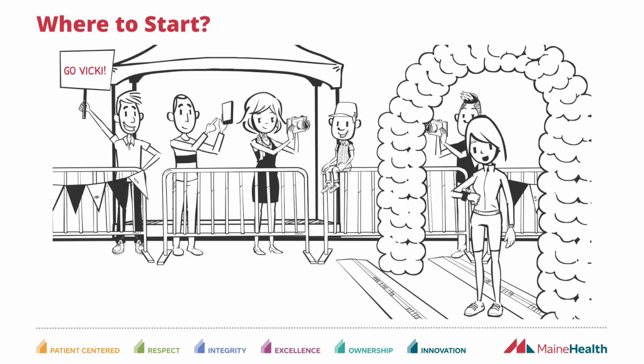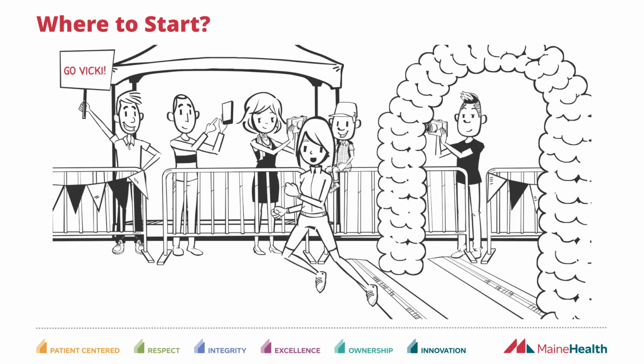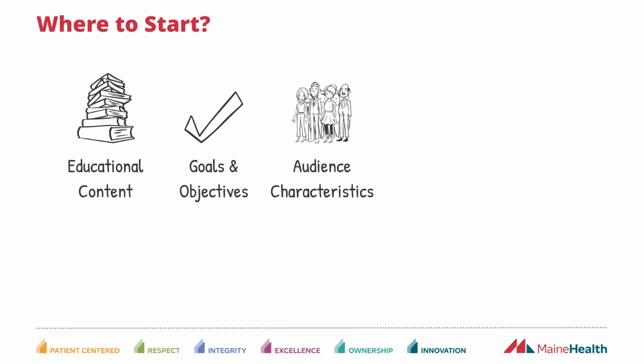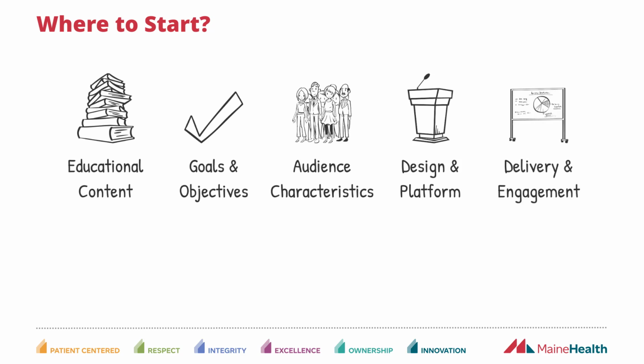Let's think about composing your presentation. Where to start? Components usually include the content, goals and objectives, audience characteristics, the best design platform, the actual delivery, and incorporating audience engagement. All are important.